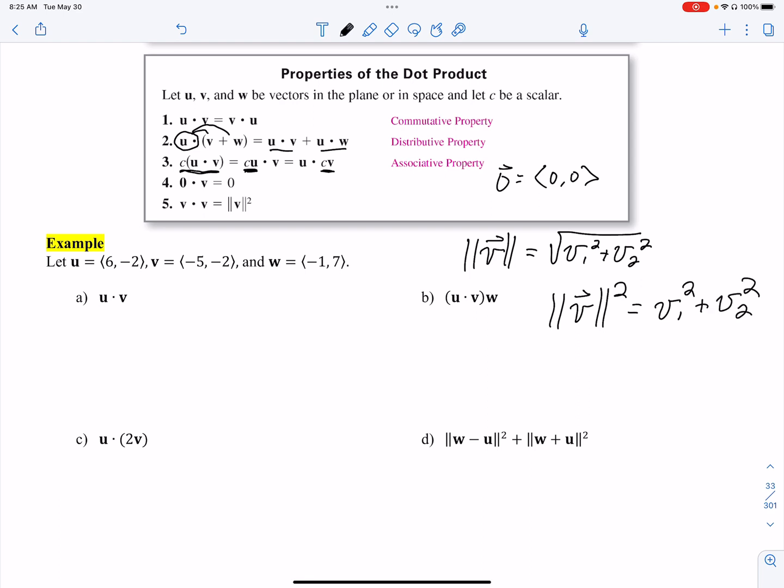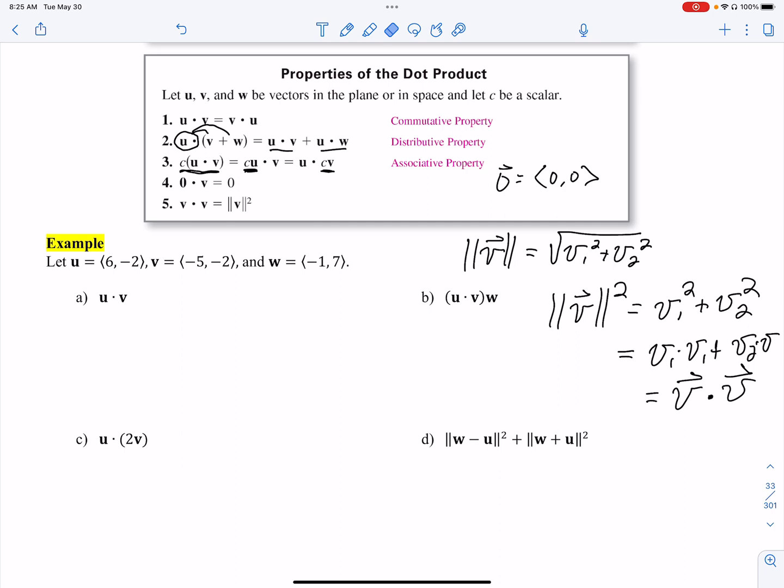The square root goes away. Well, I could keep working here. This is v1 times v1 plus v2 times v2, and this is actually just v dotted with v. So the square removes the square root, and then we can see that we have those products that look like a dot product. We're going to use that on this next example.